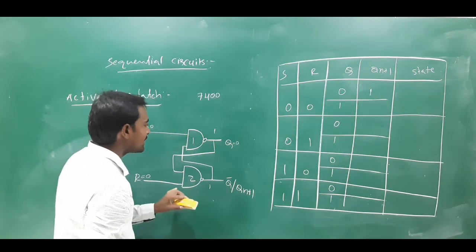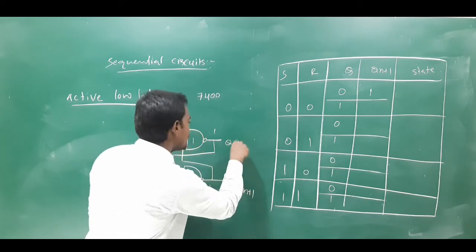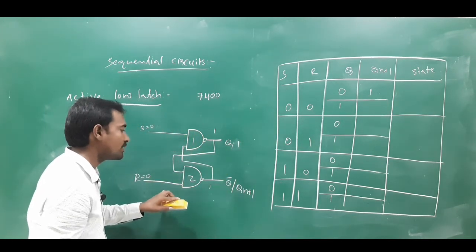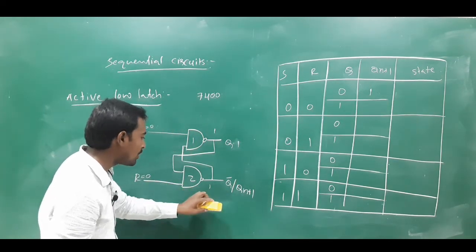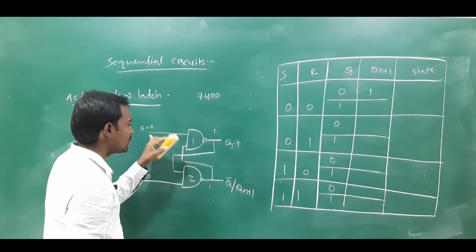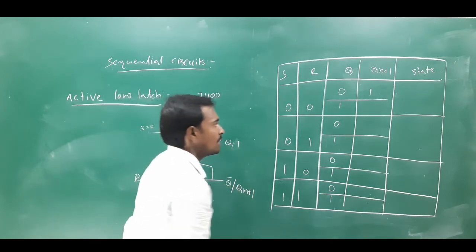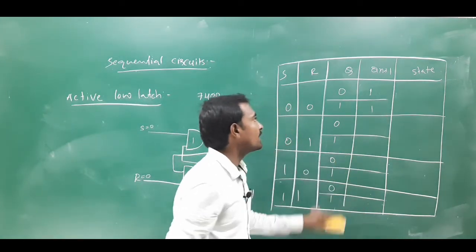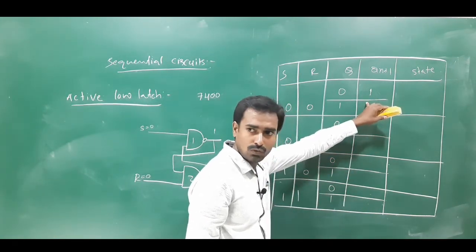Next take Q equal to 1: 1 cross 0 is equal to 0, complement 1, and again 1 cross 0 is equal to 0, complement 1. So here we always get the output equal to 1.